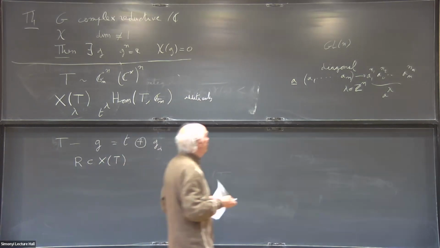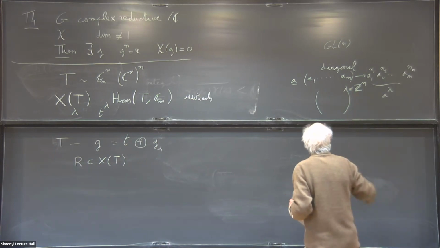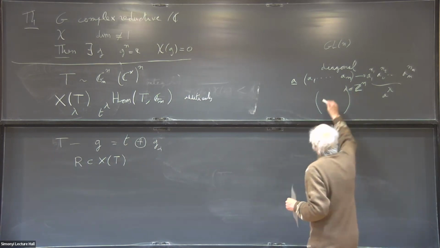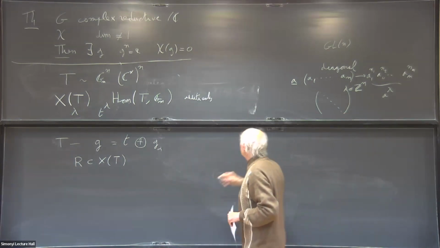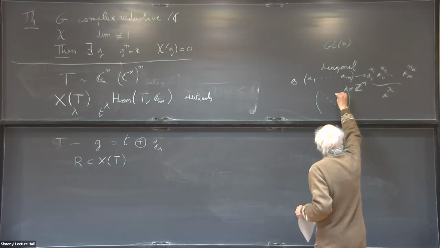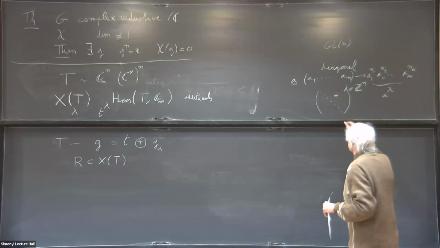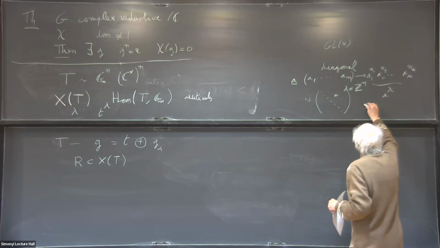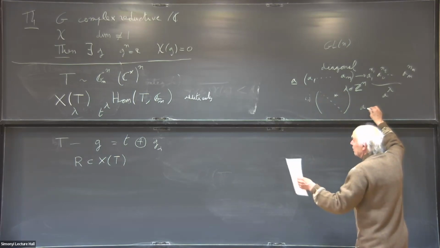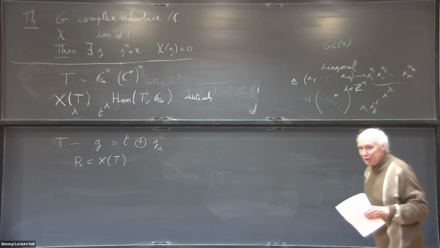So in the case of GL_n, the Lie algebra is n times n matrices. The Lie algebra of T is anything diagonal, and the g_alpha are the matrices which are zero everywhere except at one place (i,j), and then if it is at the place (i,j), the corresponding root is a_i a_j^{-1}.